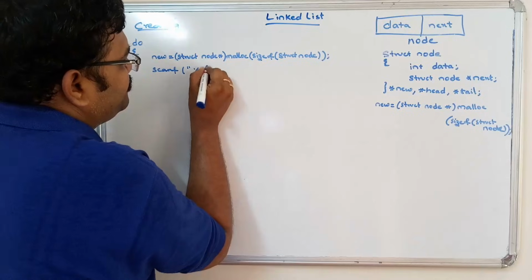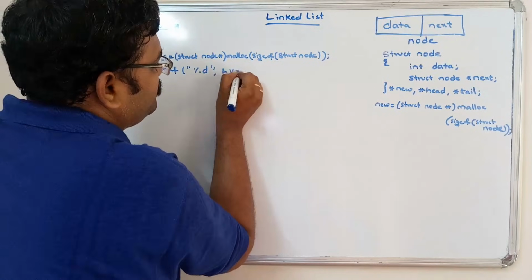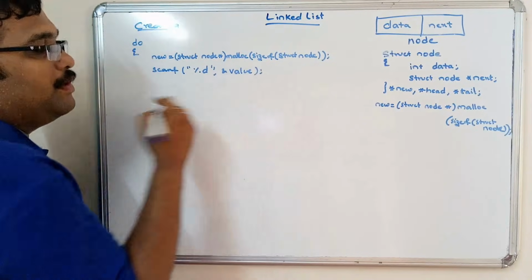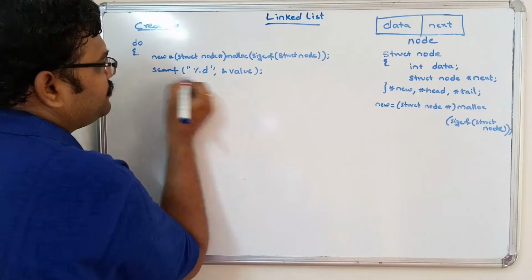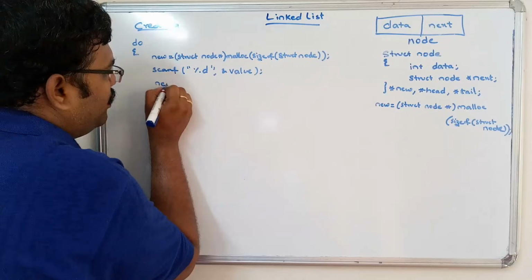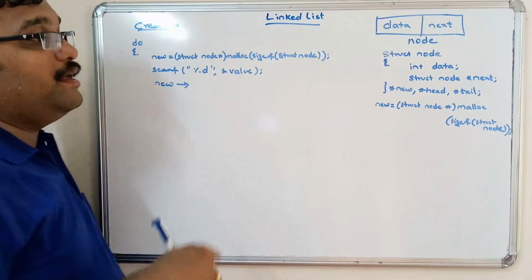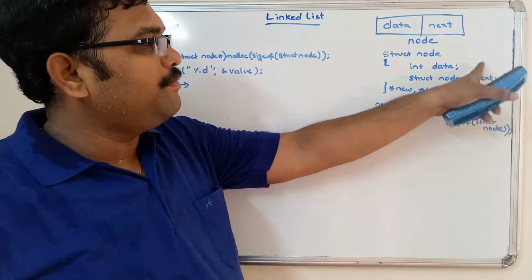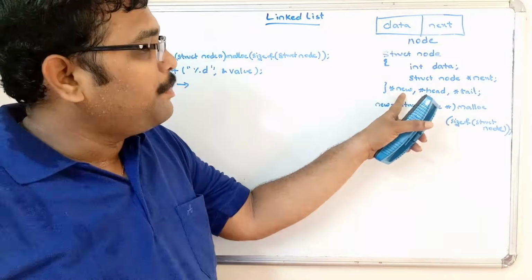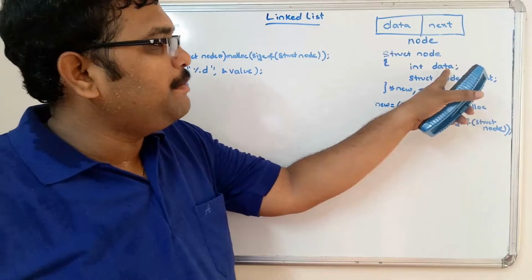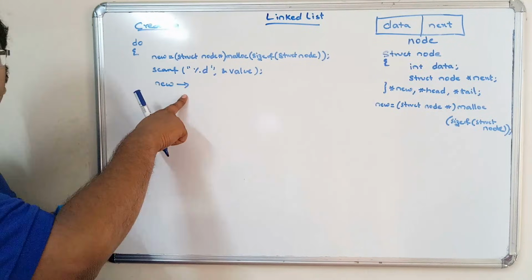Scanf %d value, read the value. New of, so here it is a pointer, right? This is a pointer structure variable. So we know that for a pointer structure variable, accessing the data members is done by using the arrow.